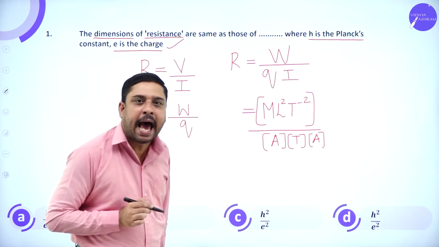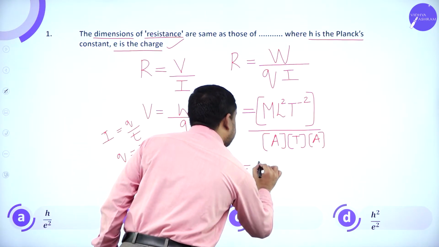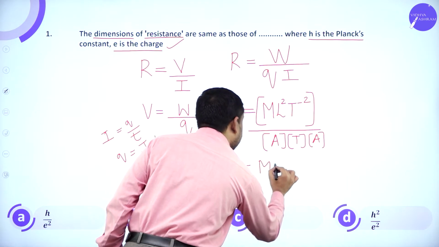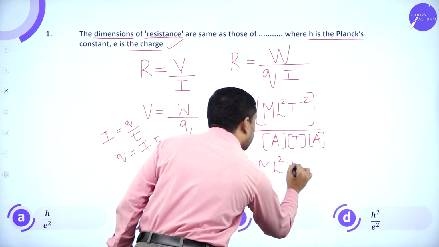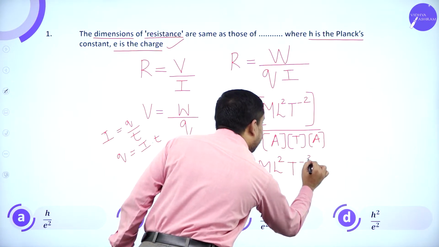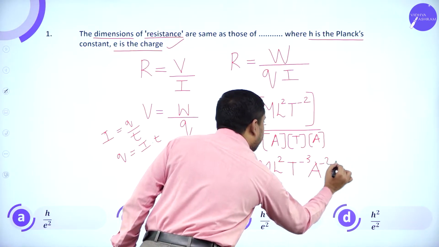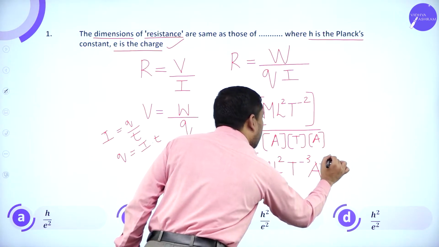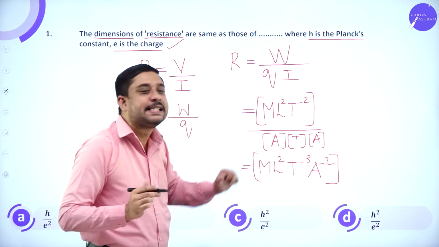I is ampere. So this is M L square T minus 3 ampere minus 2. So this is the dimensions of resistance.